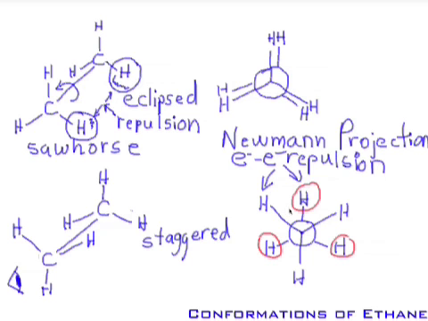Electron-electron repulsion is at a minimum here. So staggered represents a low energy state, and the eclipsed represents a high energy state.